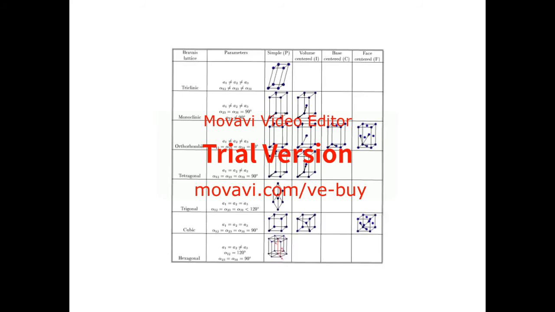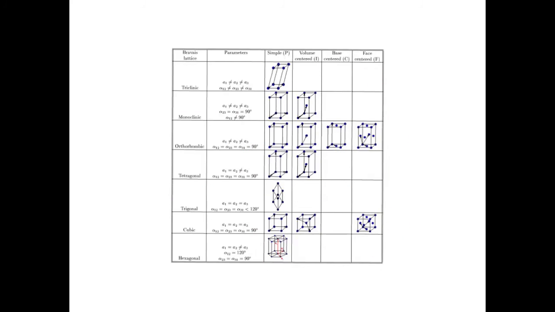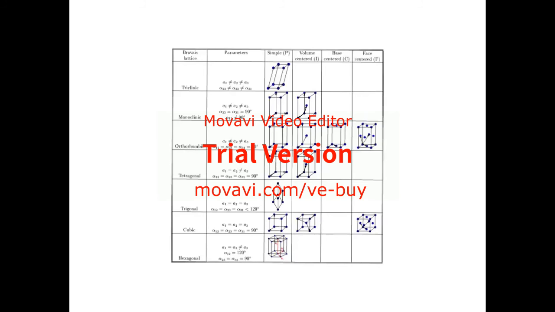Now, if you count up all of these unit cells that are shown over here, you will find that there are 14 of them, right? So there are 14 pictures up here. Those are the 14 Bravais lattices. It should be borne in mind that not all 14 pictures that you see here represent primitive cells.